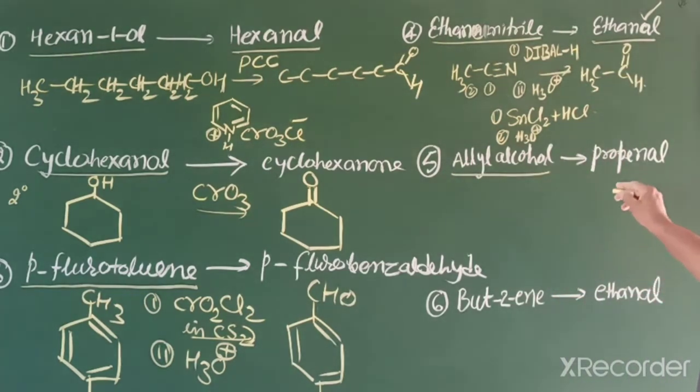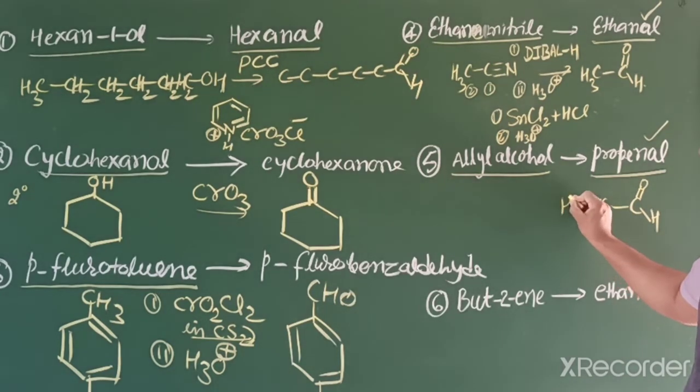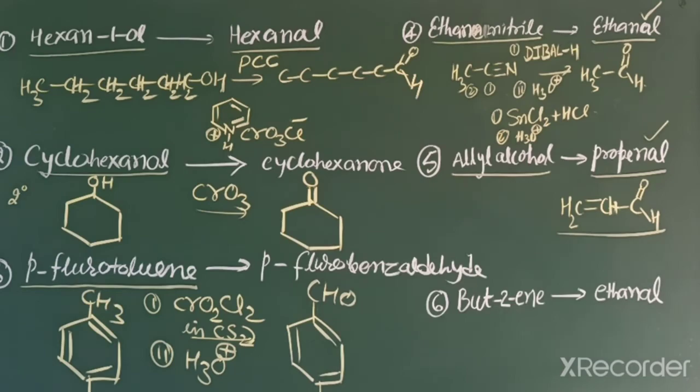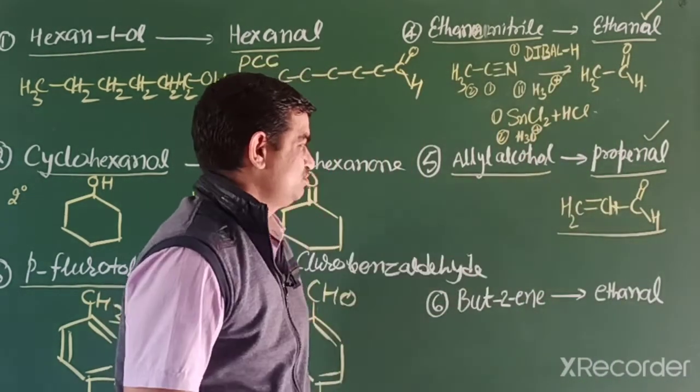Next, allyl alcohol and propenal. So at first we write the product, prop for a total of 3 carbons. Al as a suffix means aldehyde. Prop 1, 2, 3, so there is a double bond. So this compound propenal means double bond, and further aldehyde also.